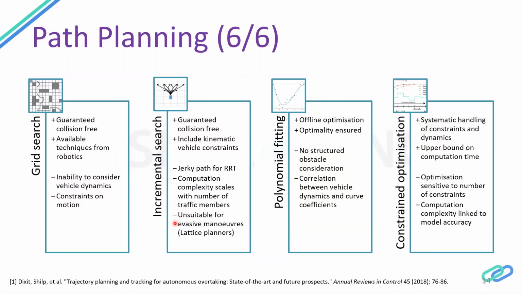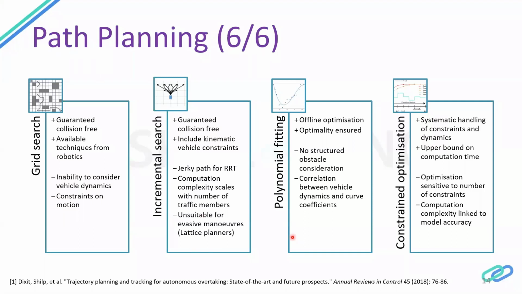And because of the very nature of this path planning technique, it's unsuitable for evasive maneuvers, because the configuration space only looks at neighboring configurations and doesn't look at big jumps in the vehicle's configuration that might be required for performing evasive maneuvers such as emergency braking, evading traffic with a very violent steering action, etc.